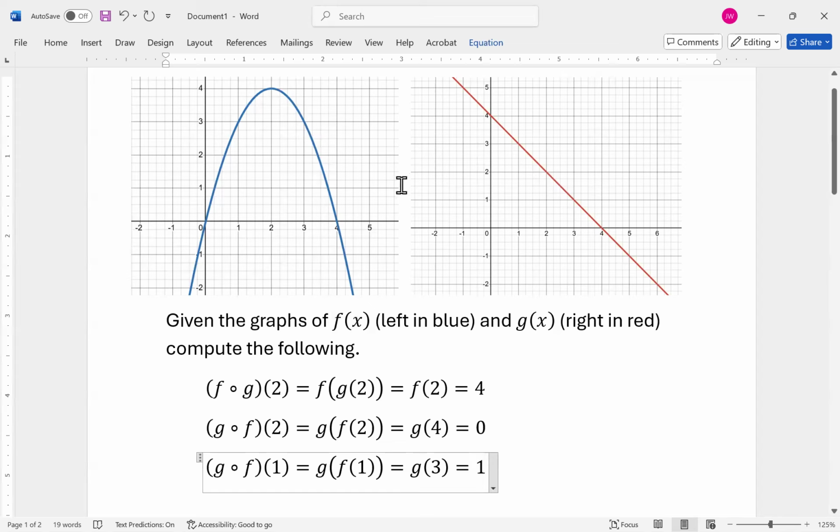But you can imagine with the right windows, you could find g of 10 and f of 10 and any other number that you wanted. So that shows you how to do function composition by just knowing what points the graphs of the functions go through.